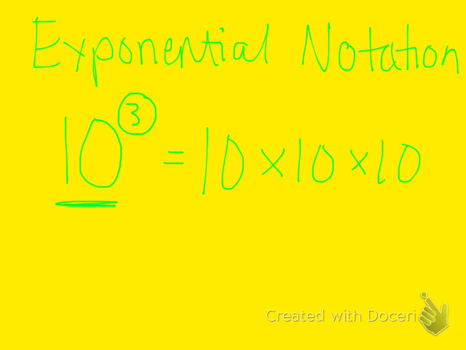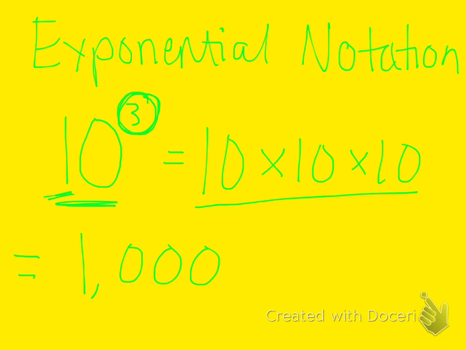Another way to write that is just to copy down your 1 and add that exponent, our 3, add that many zeros. So 10 to the 3rd power is the same as 10 times 10 times 10, and it's also the same as 1,000. That exponent tells you how many zeros.